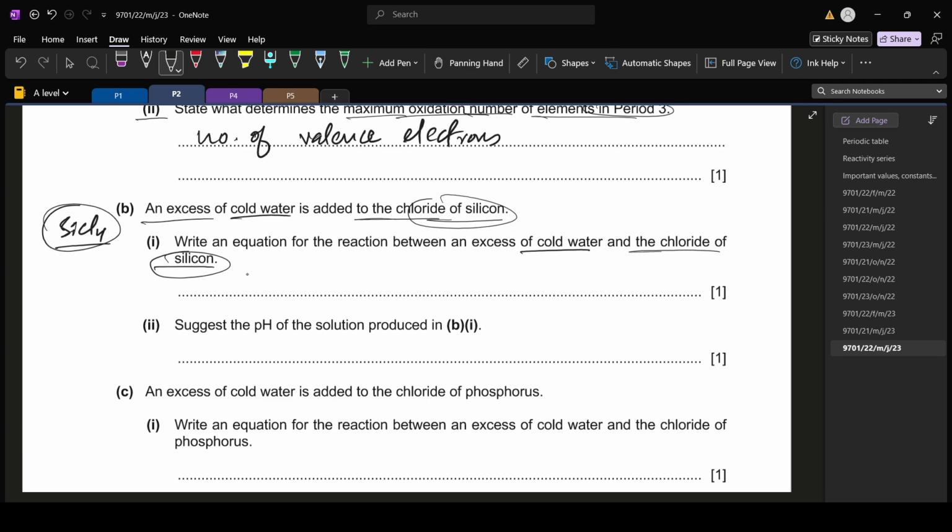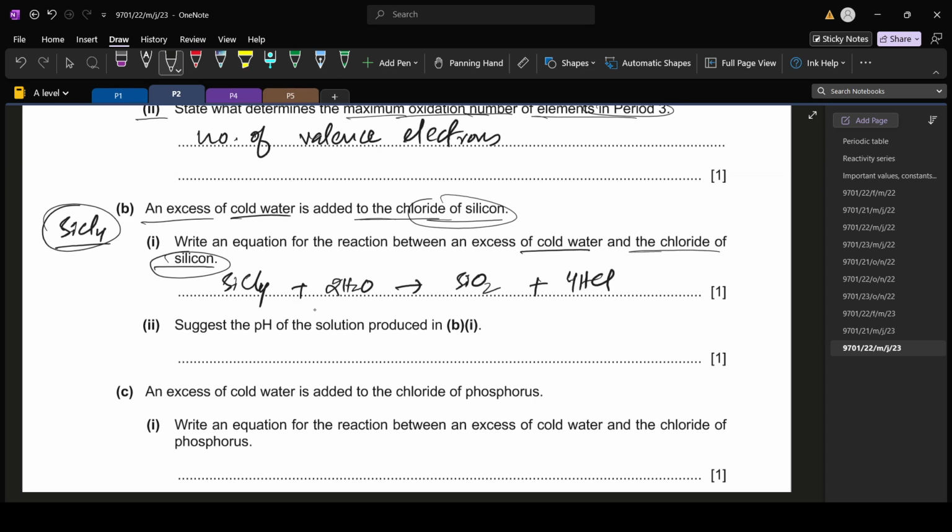It will not dissolve in water, but it will react with it. When silicon 4 chloride reacts with water, it will form silicon dioxide, or silicon 4 oxide, plus HCl. So this is the equation for the hydrolysis of silicon 4 chloride.